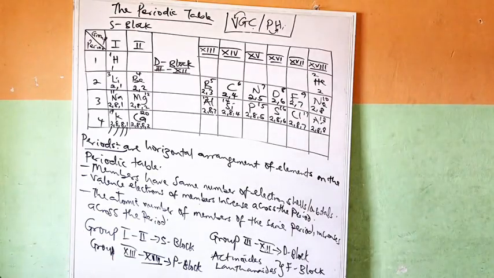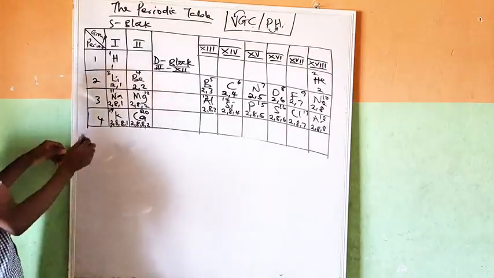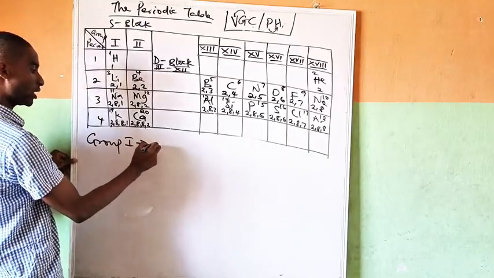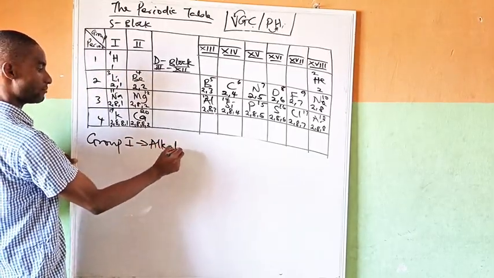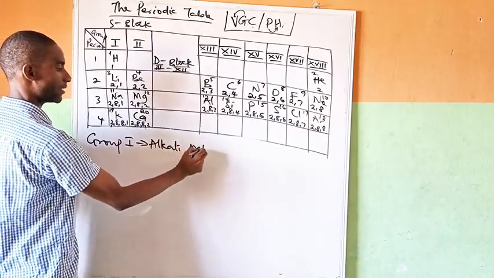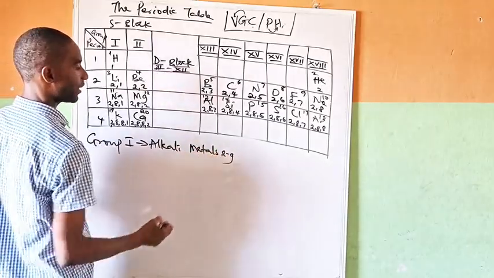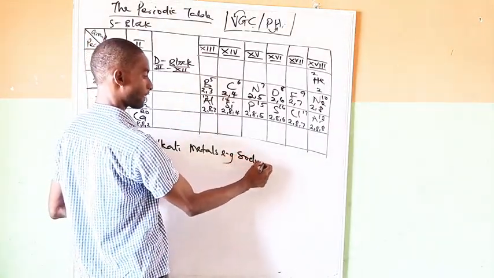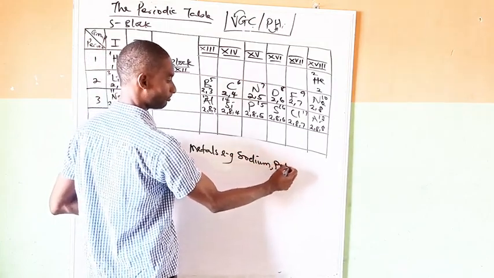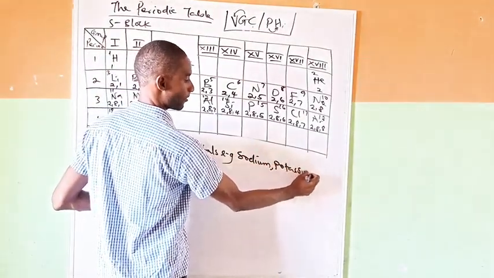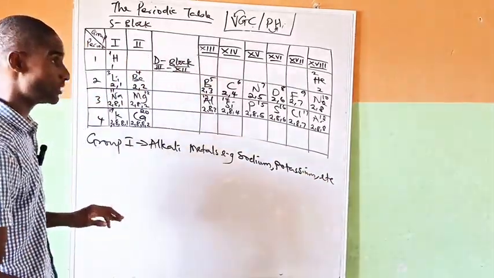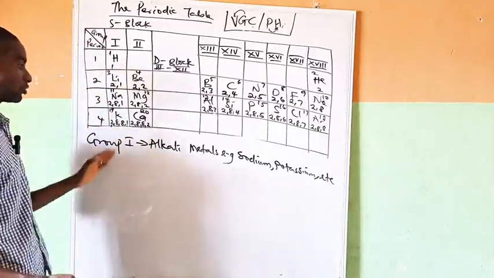Next, let's move forward. Group 1 elements are called the alkali metals. Examples of alkali metals are your sodium, potassium, rubidium, francium, caesium. They are all in group 1.